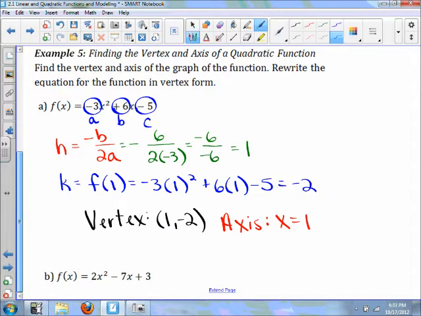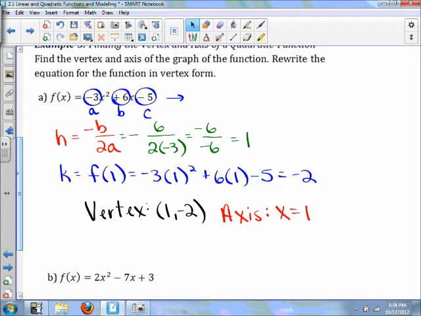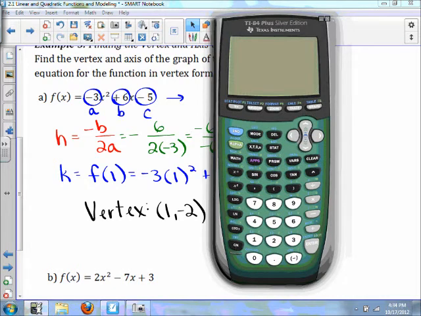And if I wanted to put this into vertex form, we'll have to solve that algebraically, which really isn't too hard, but we can get into that once we get into example 6. So let's graph this equation: negative 3x squared plus 6x minus 5.